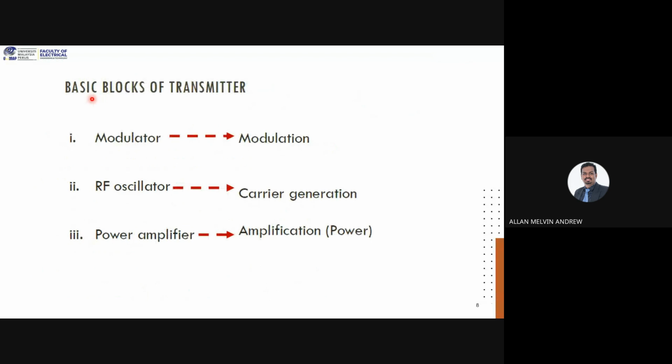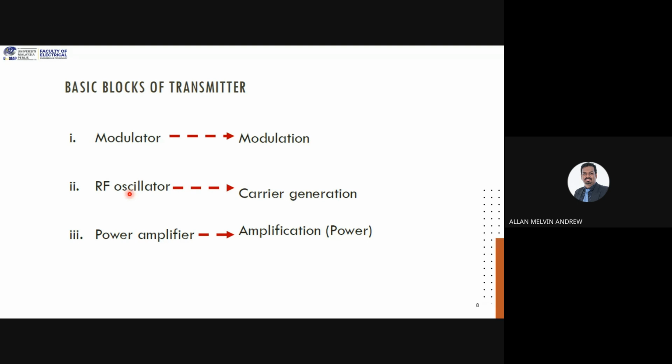Okay, so the basic blocks of a transmitter. It consists of a modulator, which is in charge of modulation, and a radio frequency oscillator. An oscillator is an electronic device that will generate the carrier frequency.